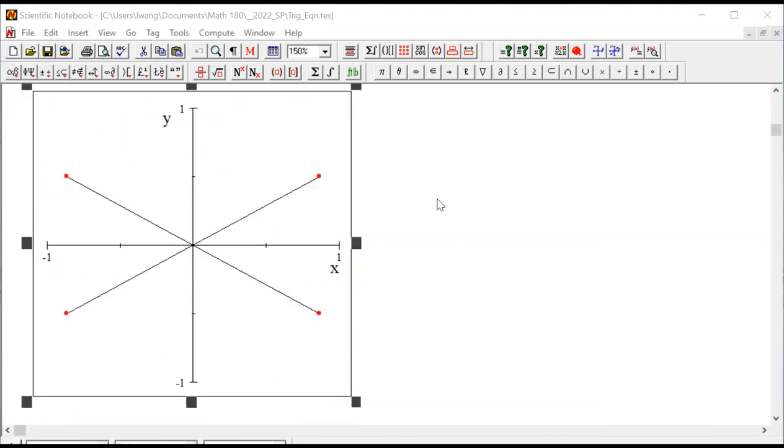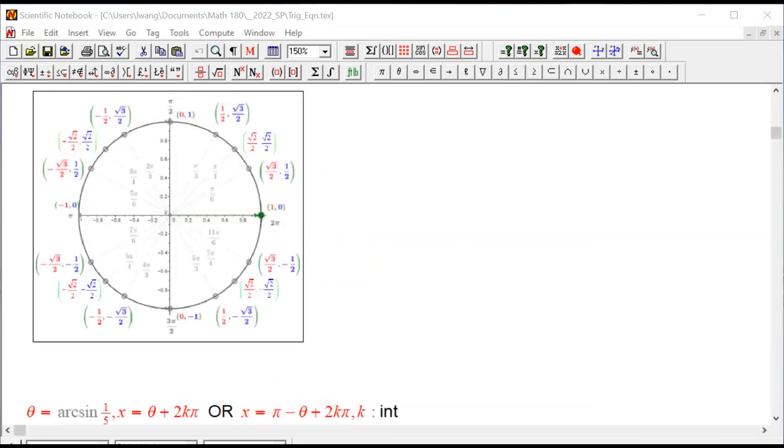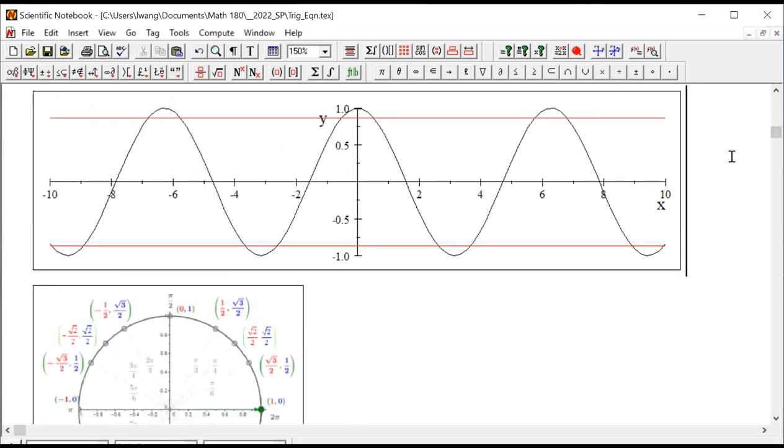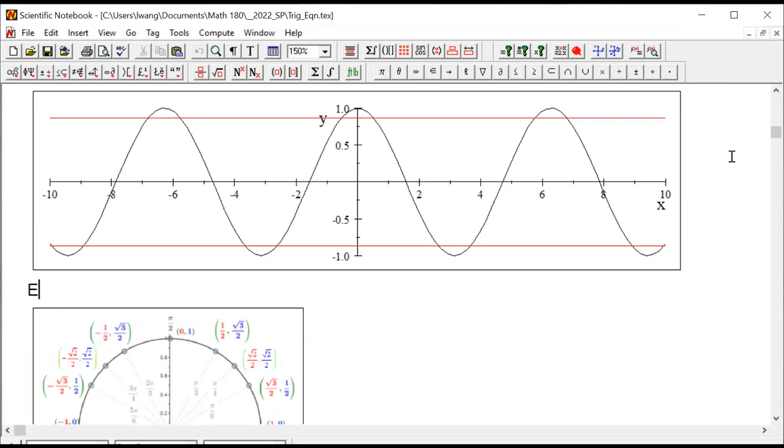That's example number 4. Let's look at example number 5.